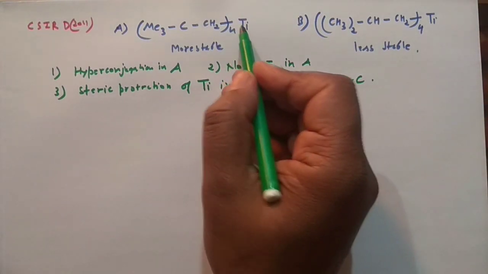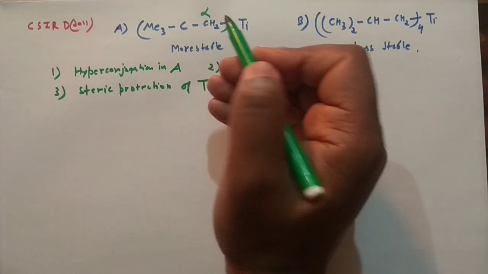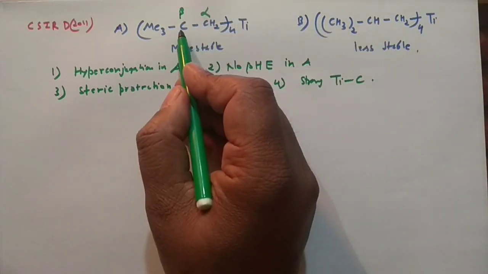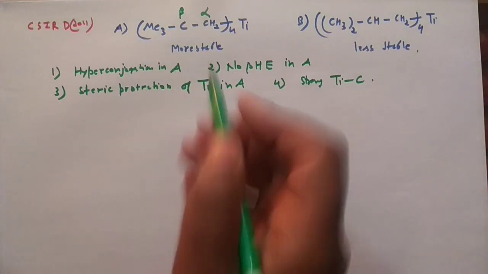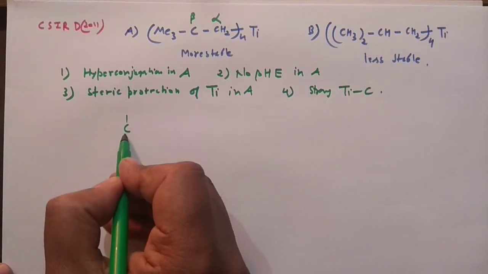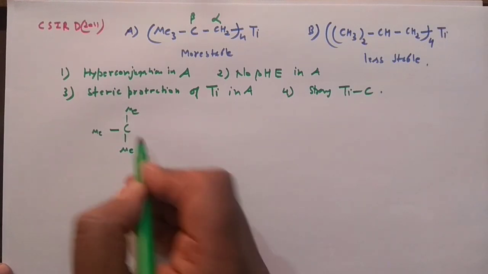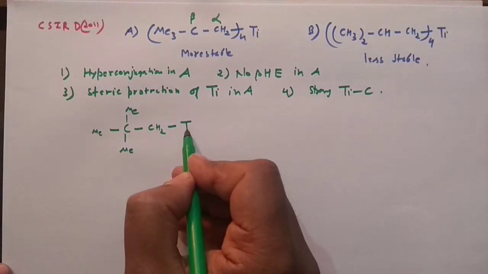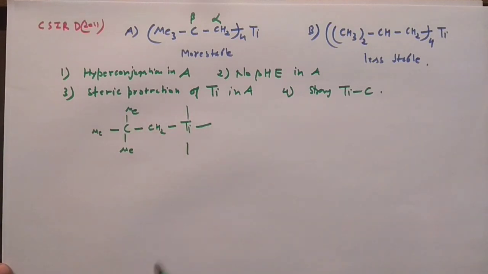If you draw this one, this titanium is connected with the alpha carbon, and then this is your beta carbon. See, the valence is actually 4 because 3 alkyls are there. If you have any confusion, you can write it in that manner: Me and Me, this is your CH2 and this is your titanium, and 4 such units would be present over there.